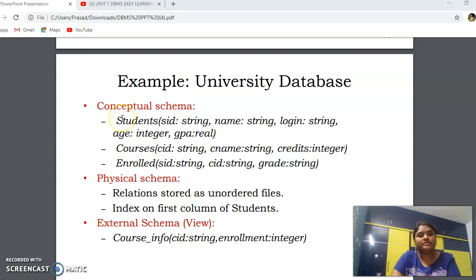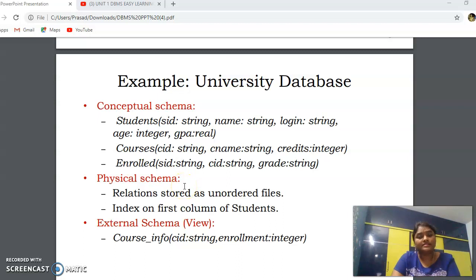In the conceptual schema, there are three tables, or three entities, that is students, courses and enrolled. In courses, some information is termed in the form of CID, CNAME and credits, and enrolled has SID, CID and grade. Here you can take any number of properties that belong to student, and any number of properties that belong to courses. This is termed as a relationship between student and courses. Next one is physical schema.